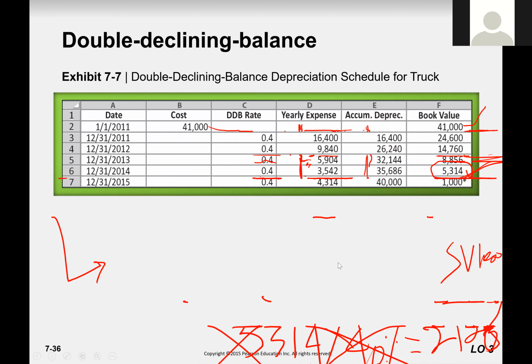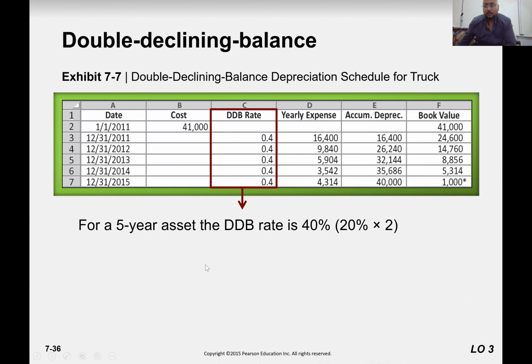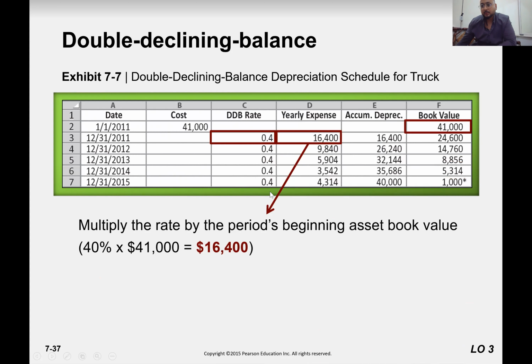Okay, good. So let's see what the slide says. The double declining method is equal to 1 by n multiplied by 2, which means 20% multiplied by 2 here. So this is 40%. So how is this 16,400 coming from? 41,000 multiplied by 40% here. So these two columns here.